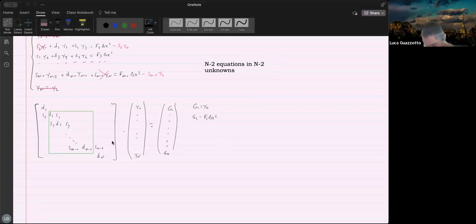So we're solving A times Y equal to some vector G. So this is a pretty efficient way to do it.